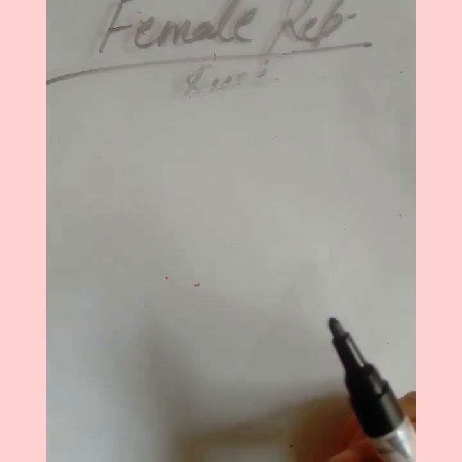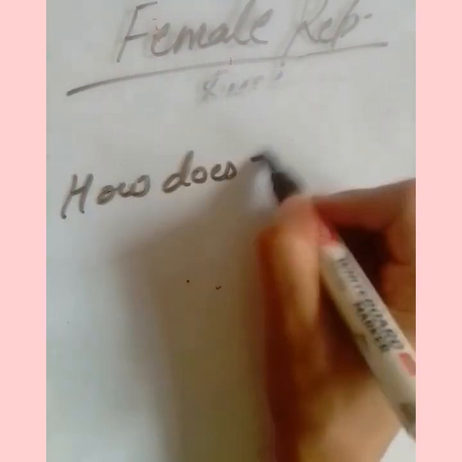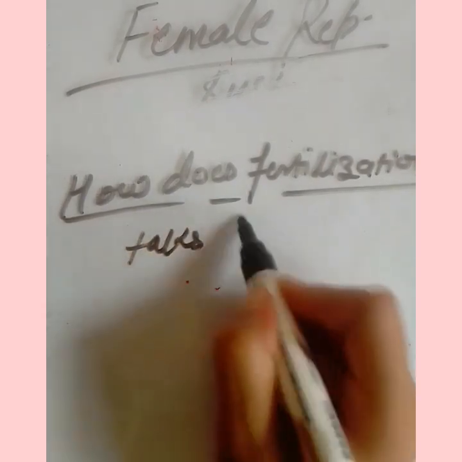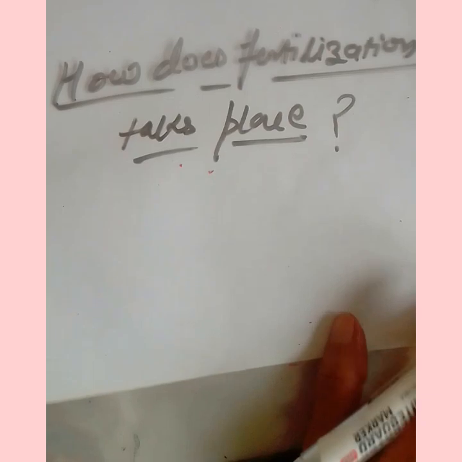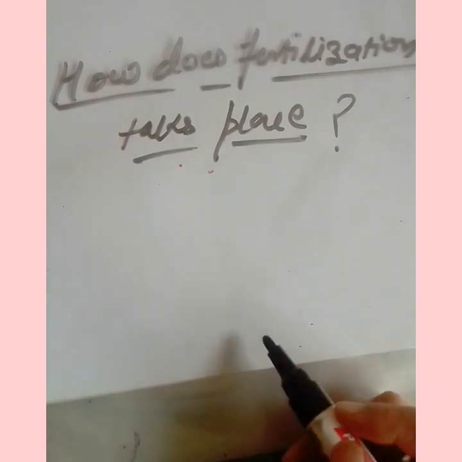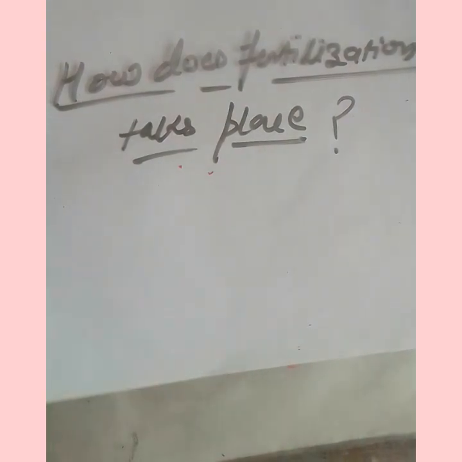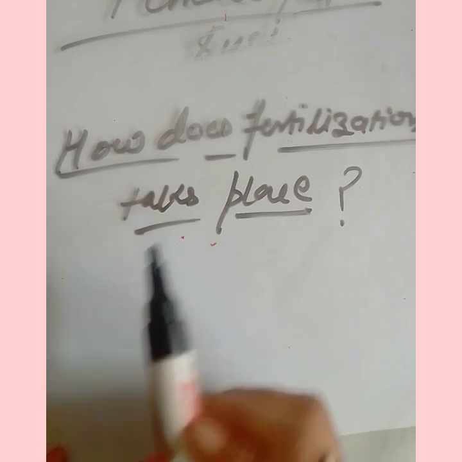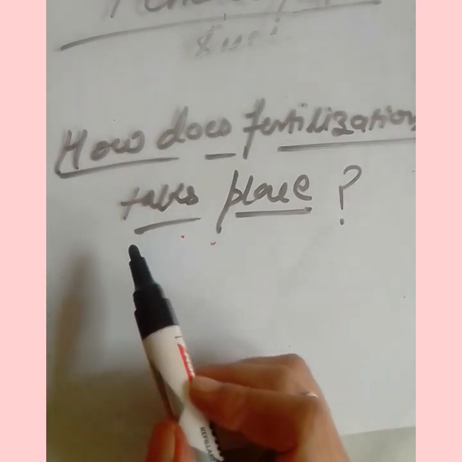Now the next topic is how does fertilization take place. I just demonstrated earlier with the help of the diagram that it will be in the fallopian tube, in the initial part of the tube, that is the initial part of the oviduct.